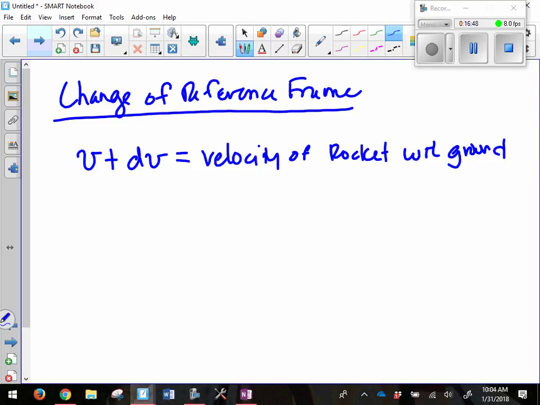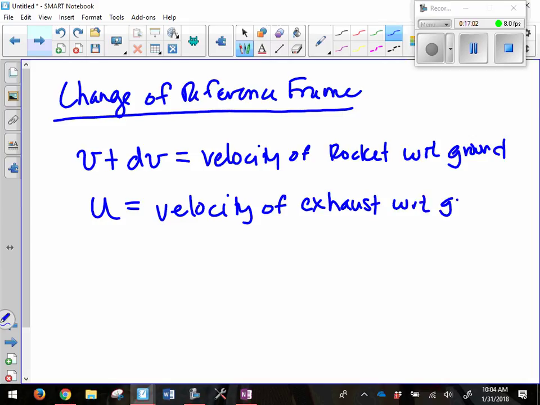I don't want to use an E because I'm going to have exhaust in a minute. And u is the velocity of the exhaust with respect to the ground.